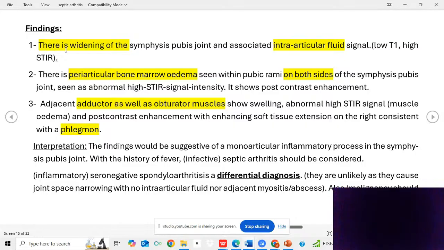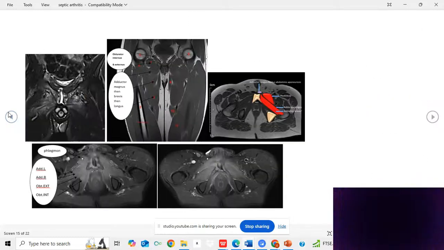The first one is there is widening of the symphysis pubis joint and associated intra-articular fluid signal, low signal on T1 and high signal on STIR.